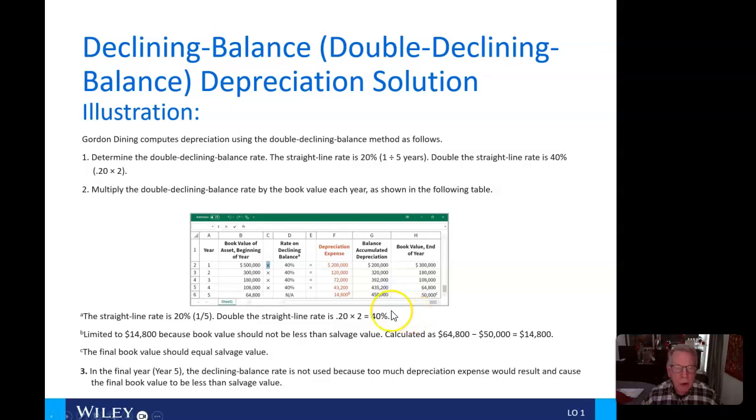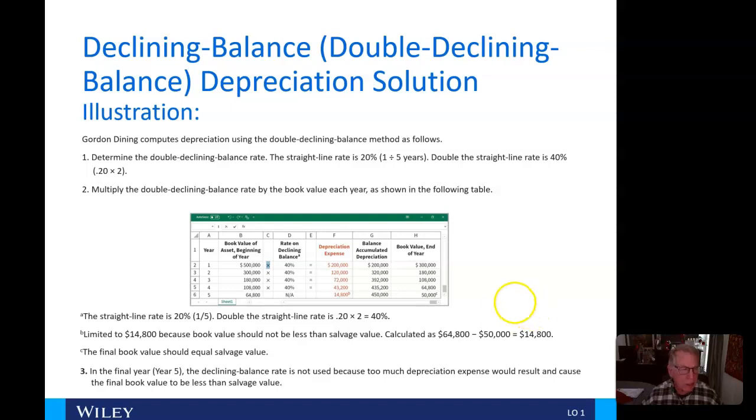I need another 14,800 to get to 450,000. 450,000 is my depreciable base. I don't want to go below 50,000. So I can then plug 14,800 in as my final depreciation expense.